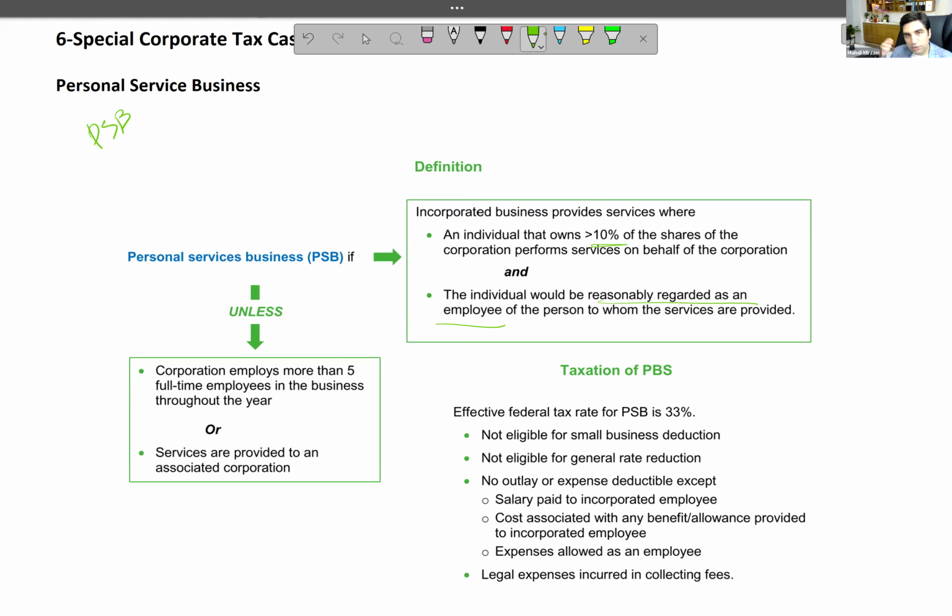And you know, there are some Supreme Court cases that explain how a person is considered an employee or a contractor.